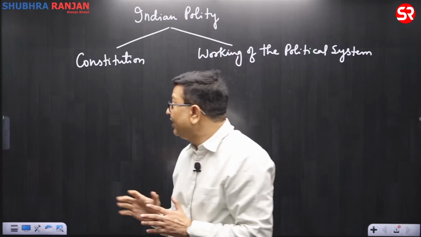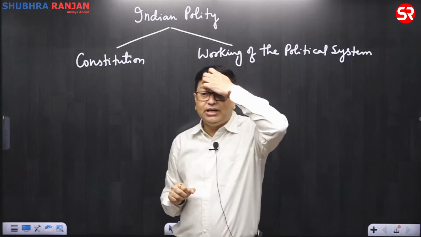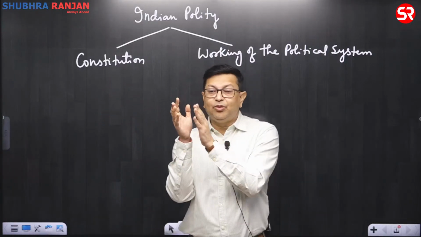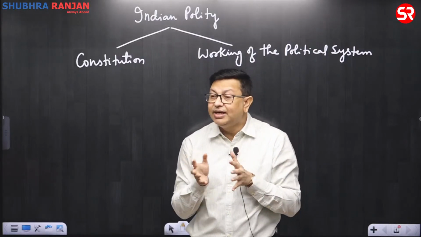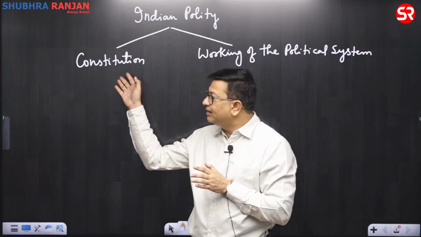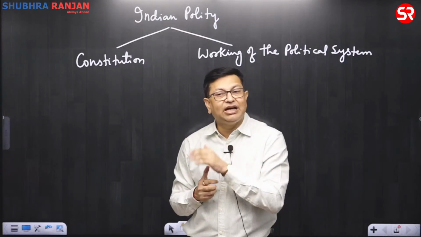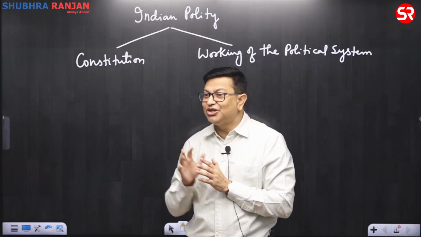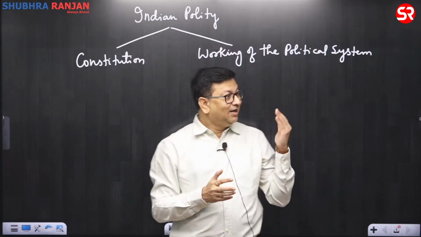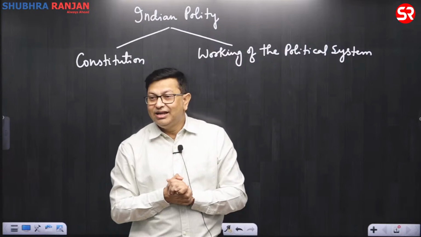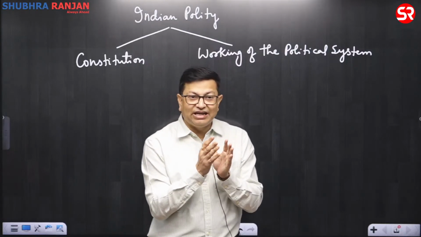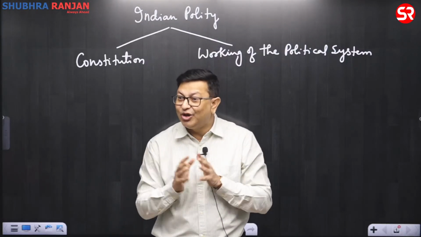Suppose when we discuss the parliament, the constitutional provisions, the provisions related to the Lok Sabha, Rajya Sabha, and the speaker's office, we will be discussing under this part. How the bills are passed, everything is mentioned in the constitution. But the second part is how the parliament has been working, whether the parliament has declined in contemporary times or not.